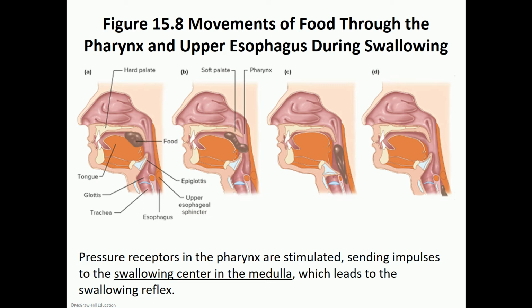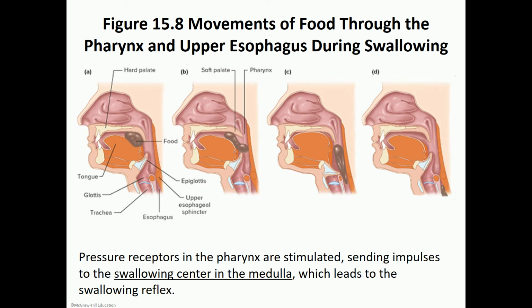The center of the swallowing reflex is in the medulla oblongata, and you can see here it is basically made out of making sure that the food goes down the esophagus and not down the trachea or the windpipe, which is right in front or anterior to the esophagus.